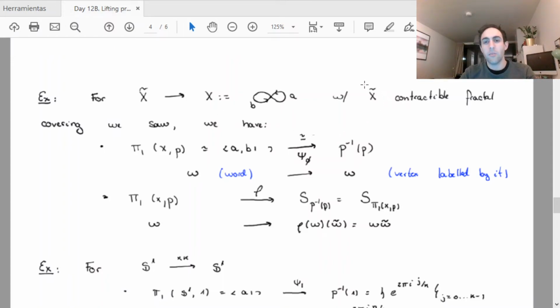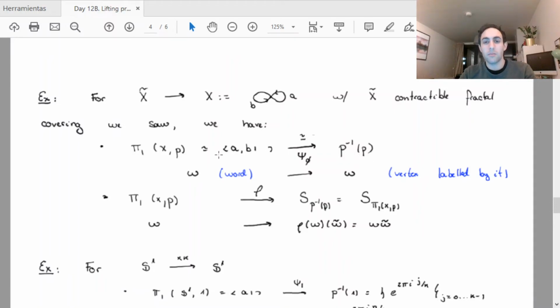The main thing was that the CW structure we put in x tilde had all the vertices corresponding exactly to words, and the correspondence was simply the endpoint map. So let me explain it as such. Here we have pi1 of X, P, the free group on 2 generators, A and B. And here I have p minus 1 of the vertex, which is labeled by words.